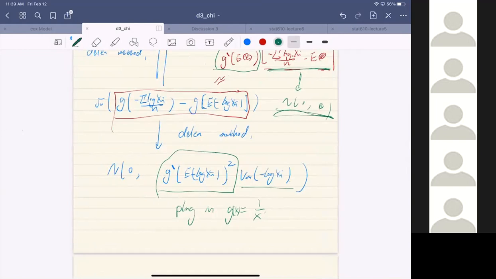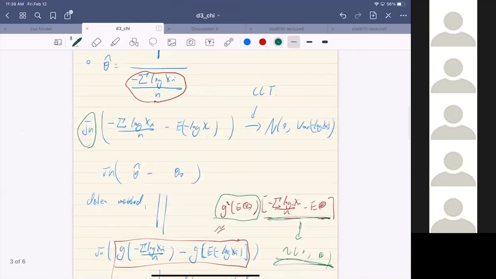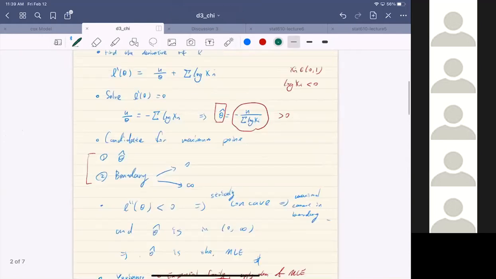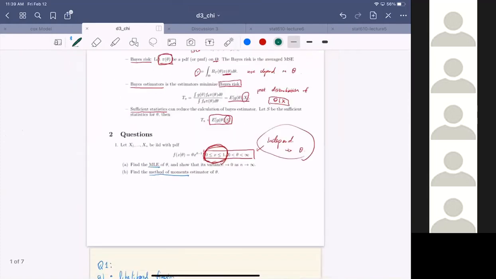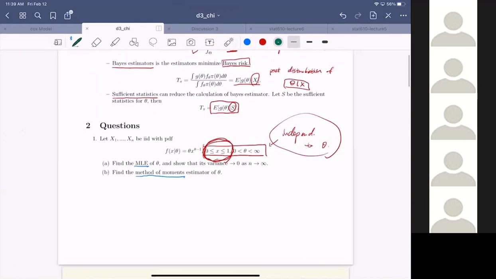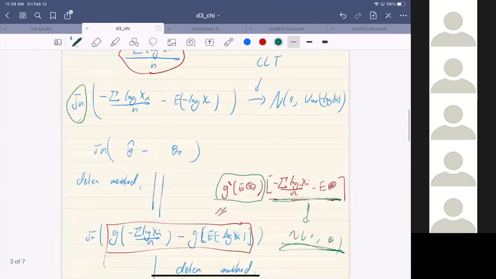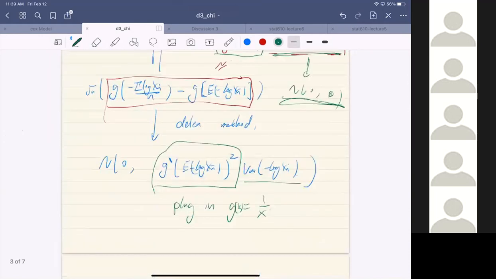Okay, we need to first find out the distribution. Yes, you can find the distribution of theta hat, and then you find the variance. But usually finding the distribution is much harder than just finding the variance.